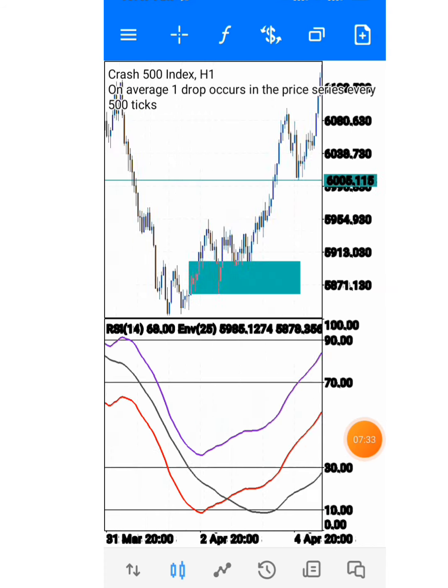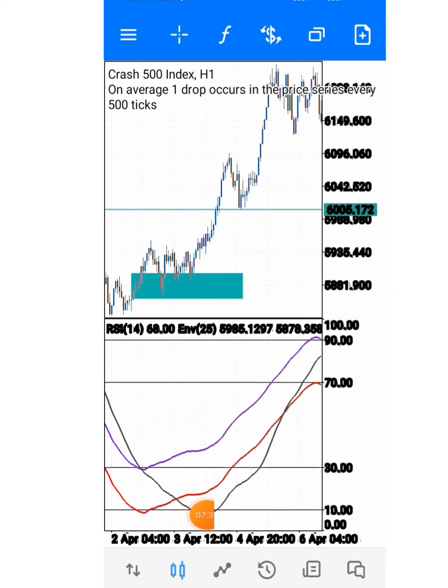And the summary of buying is that when the red and the black moving average cross at the 10 level of RSI, then look for an opportunity to buy in. And when the same red and black moving average cross again, then you take your TP.